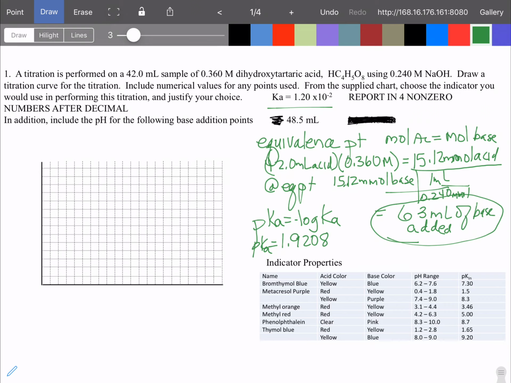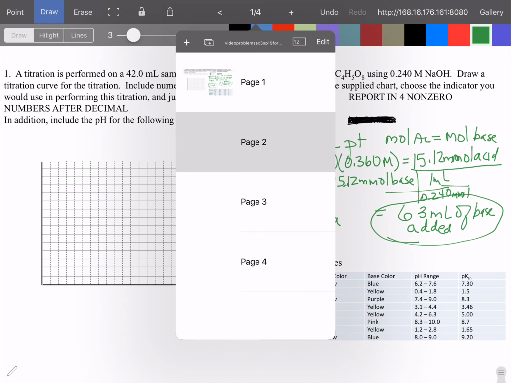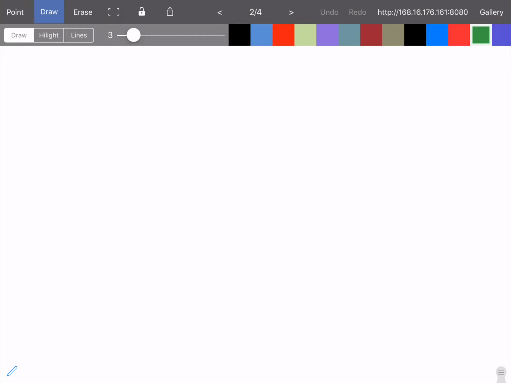Now, I'm going to have to go to the next page, which is page 2. So, point 1 is when we've added 0 milliliters of base. So, it is a Ka problem.